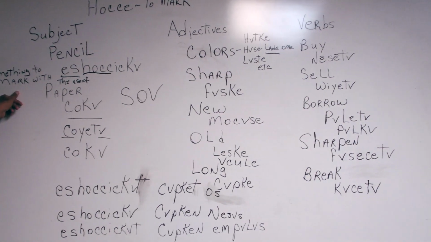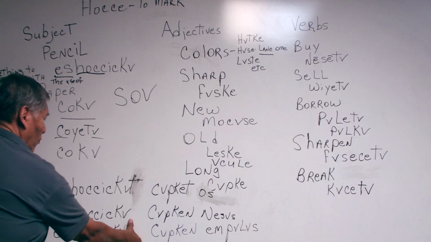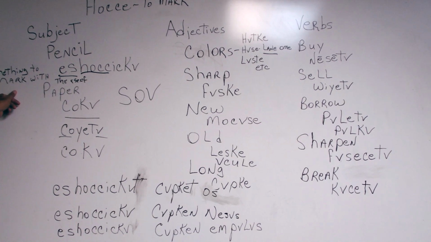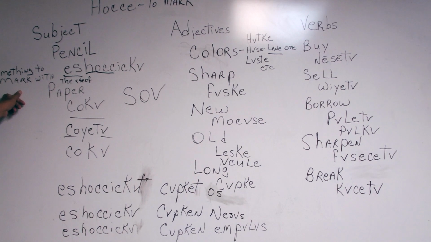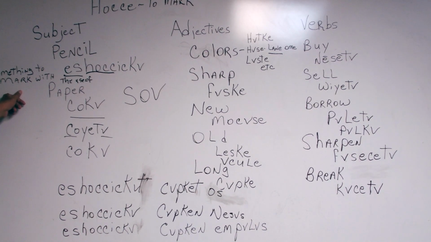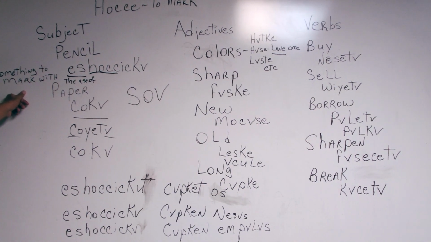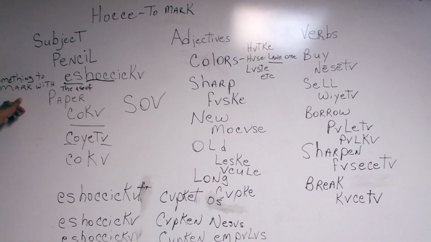You can say Eshoccickv once again without the T, and you're saying long pencil. Let him borrow it or let someone borrow it. So you don't need the T in that case. It's just because all you're talking about is the pencil. The best way I can describe it is you use that T on the end when you're talking about that object doing something or being something like that person.